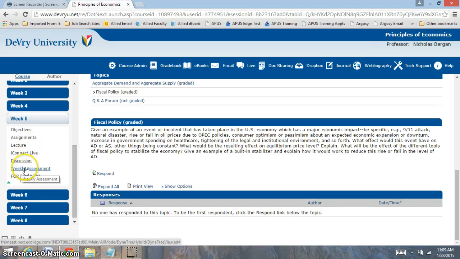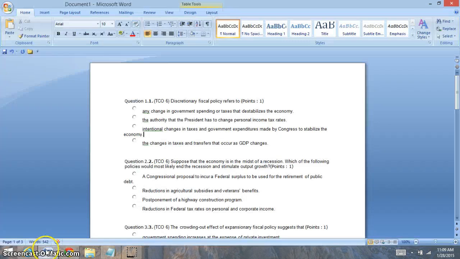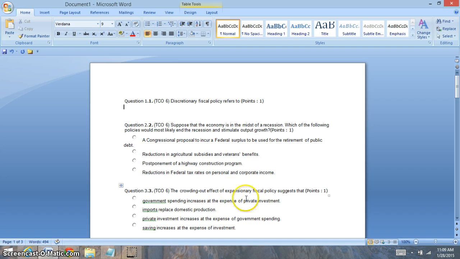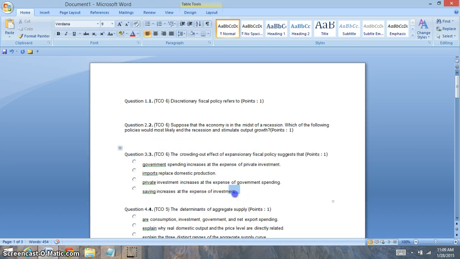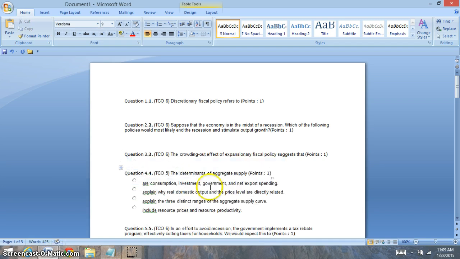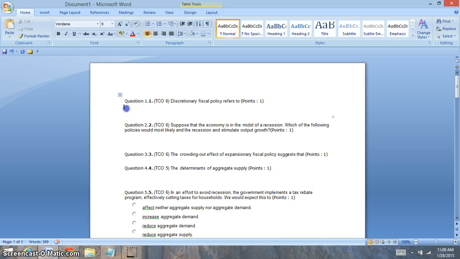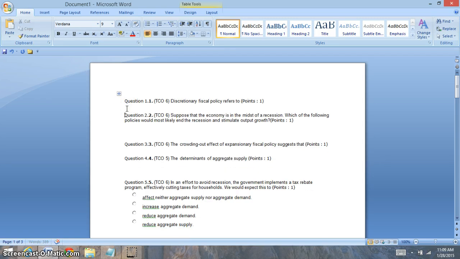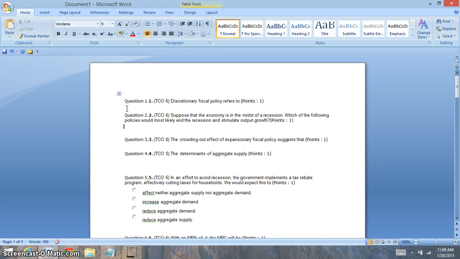The other thing you have here is the weekly assessment. So let's go over the assessment right here and what you might see on some of the questions. On question number 1, you're going to look at discretionary fiscal policy and what that refers to. Discretionary fiscal policy looks at the government changing taxes and spending levels to influence our economy.